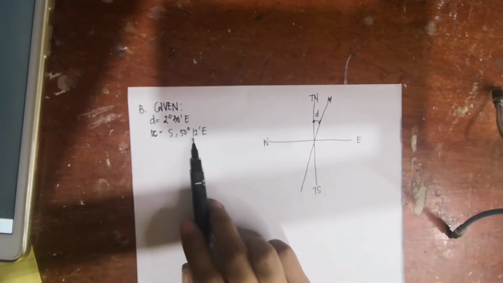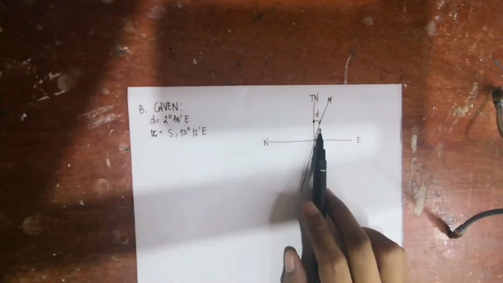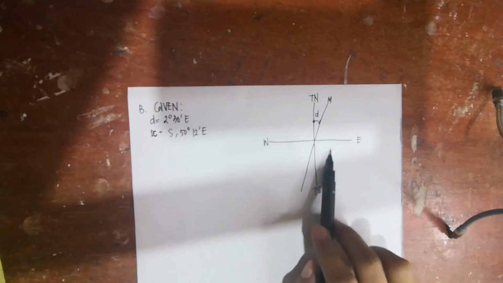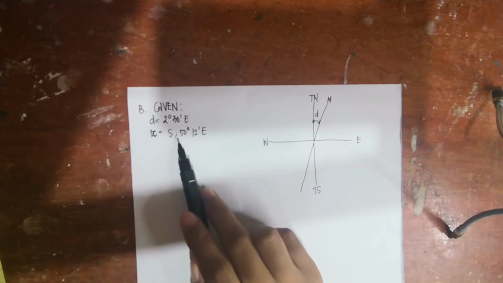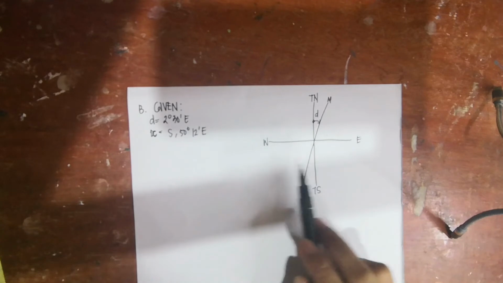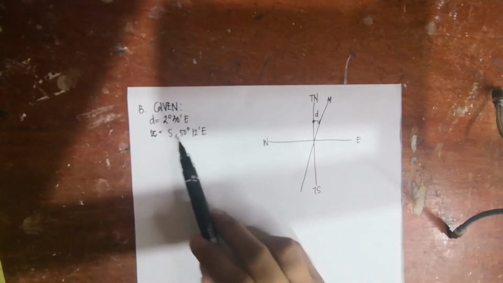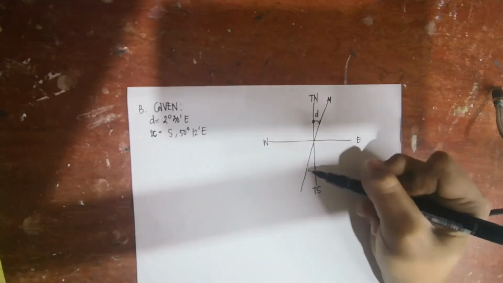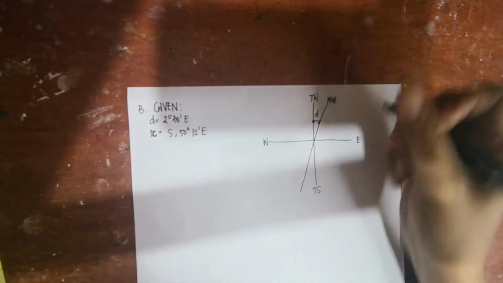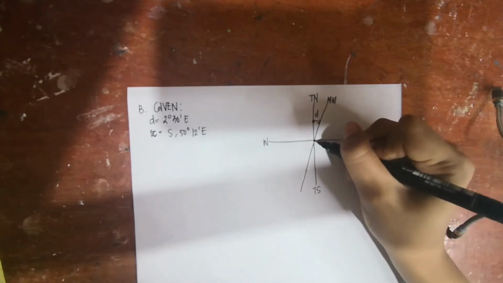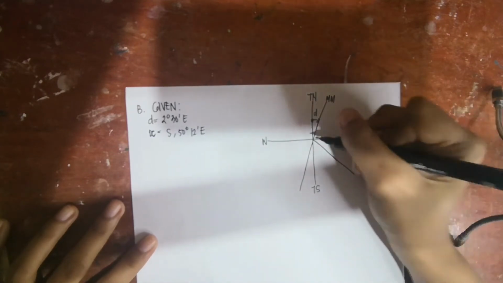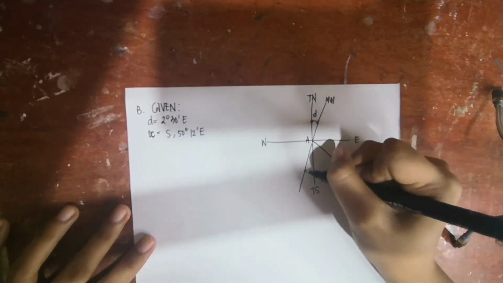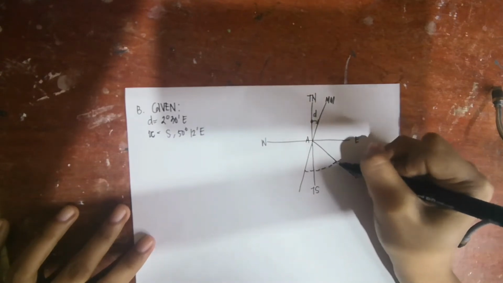And since the bearing is different, the result will be different. Since it is given as south, it is in one of these two quadrants. South and east, so it is here. From the magnetic meridian, you measure 50 degrees and 12 minutes. This is line AC.